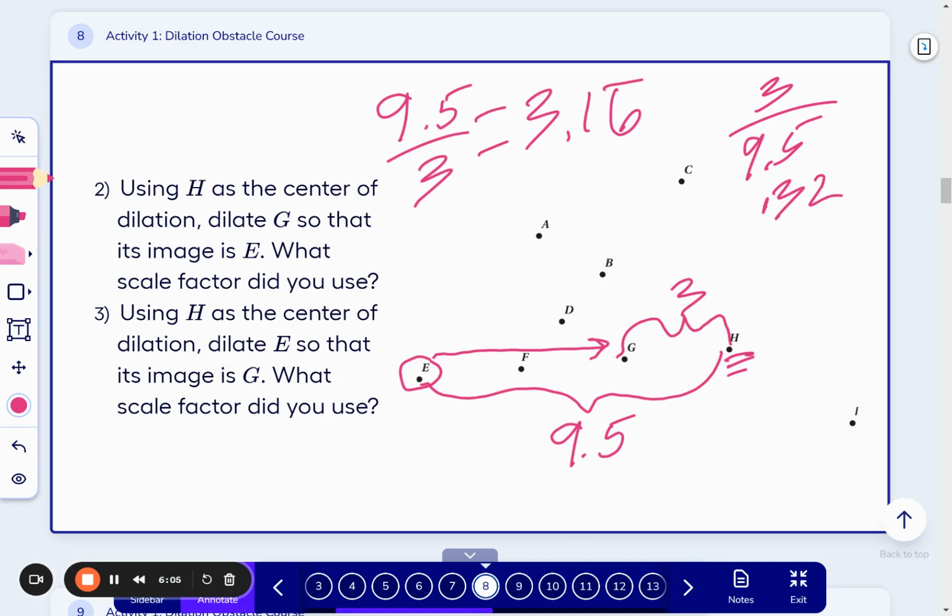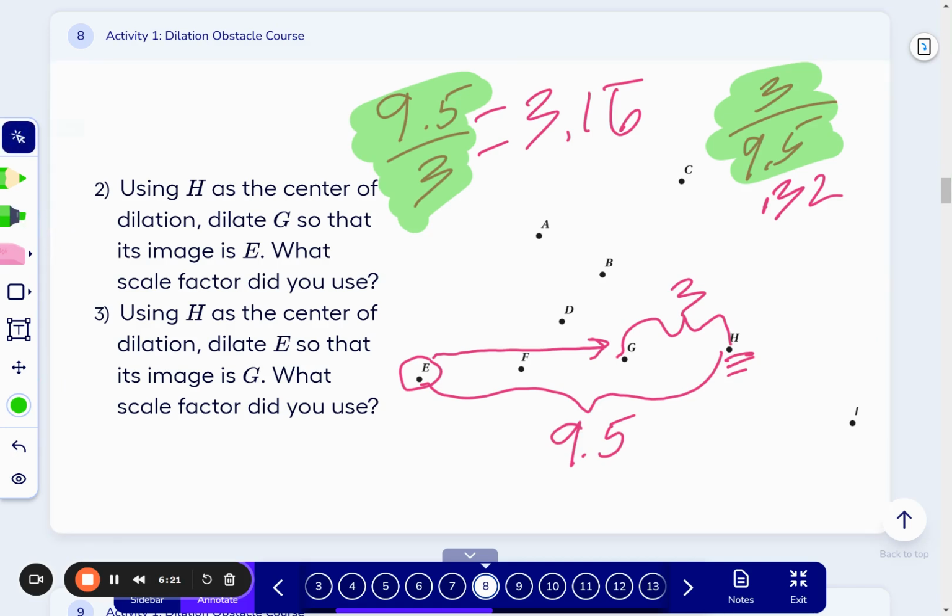What we want to look at here is that they're inverses of each other. So if you multiply them together, you get 1. Those are inverses.